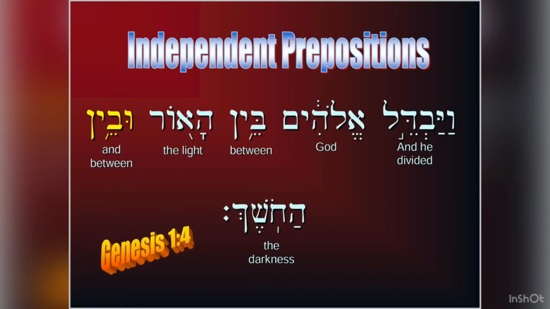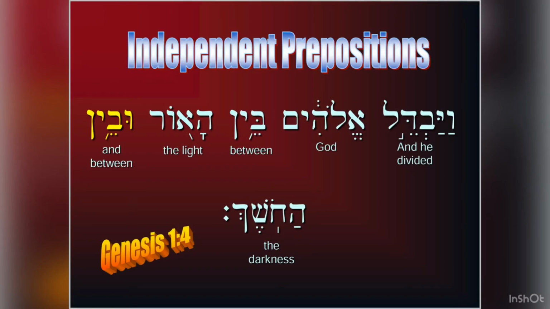Now, let us look at an example and see how we can identify the independent prepositions in a sentence or in a verse. Here we have Genesis chapter 1 verse 4, and in this verse, let's identify the independent preposition. First, let's read the sentence. Vayivdil Elohim ben ha'or uvein ha-koshek. In this sentence, where is the preposition?